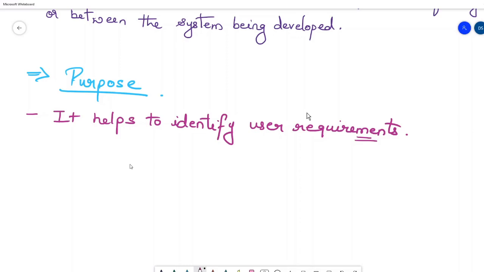So it helps to understand the proposed system.